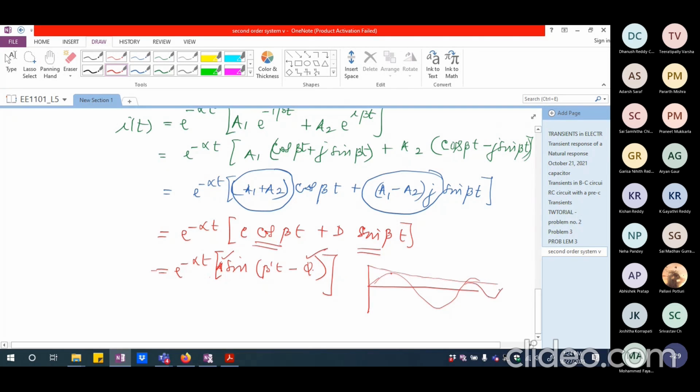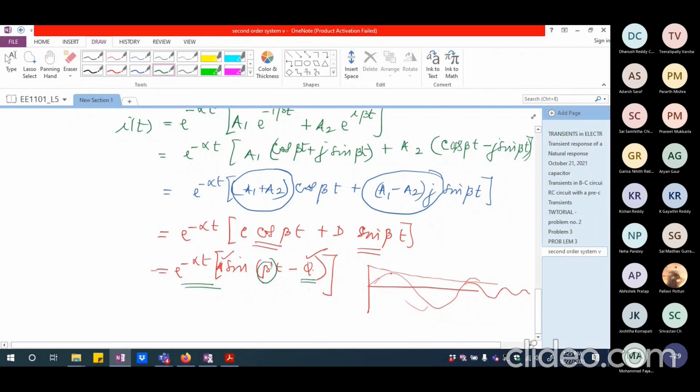As time goes by, the peak will decay. So I am going to have the frequency of the oscillation defined by this beta. And the starting instant is defined by this phi, and the rate at which it is decaying is defined by this alpha.